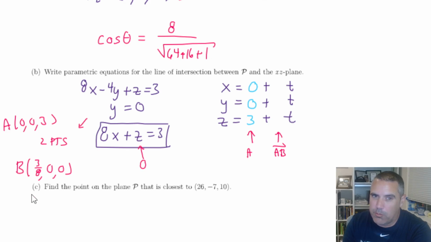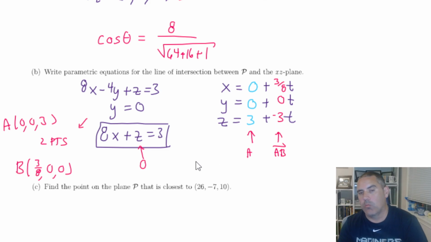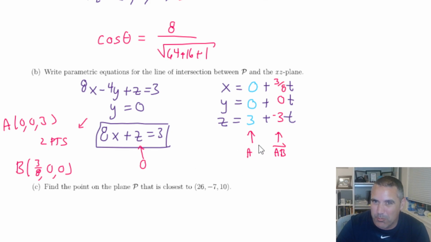If I find a vector between those, it will be a vector in the direction of the line. So let's just do that. 3/8 minus 0, 0 minus 0, 0 minus 3, so -3. So that's one equation for this. Now you could rescale that vector, like multiply both by 8. So there's a whole bunch of correct answers.